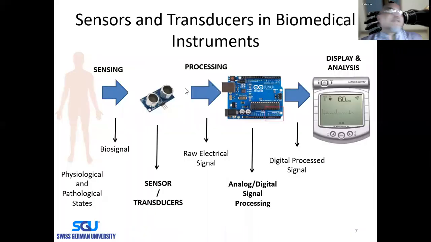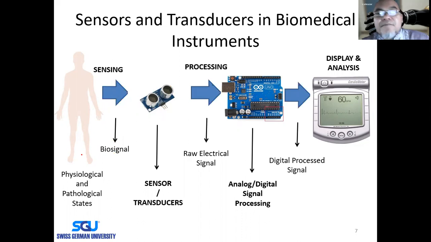So the sensor and transducer in biomedical instrument, as I mentioned, is located in the front of any instrumentation system.